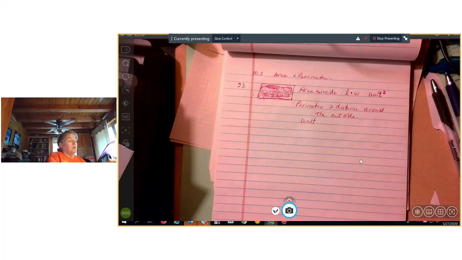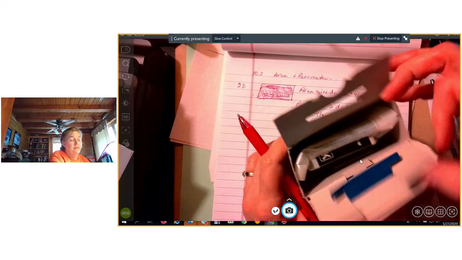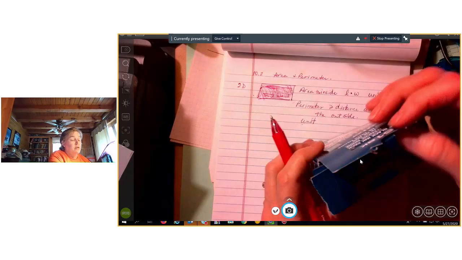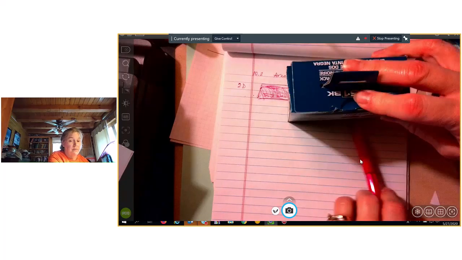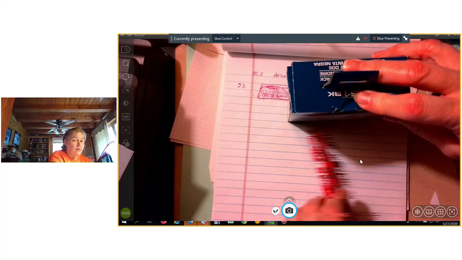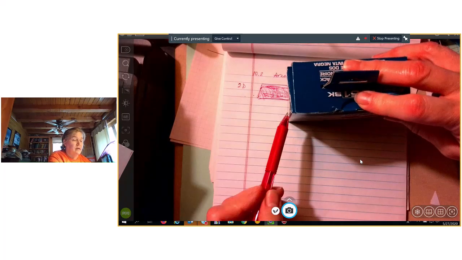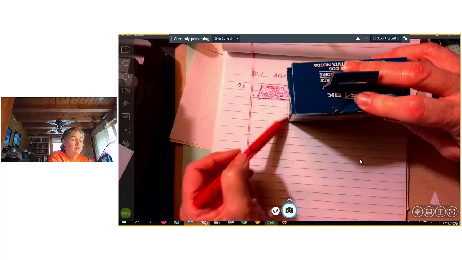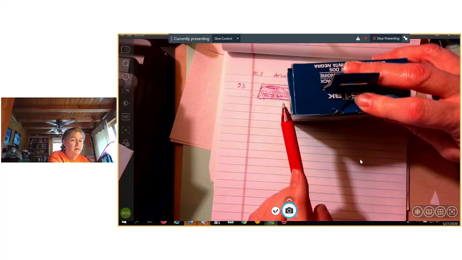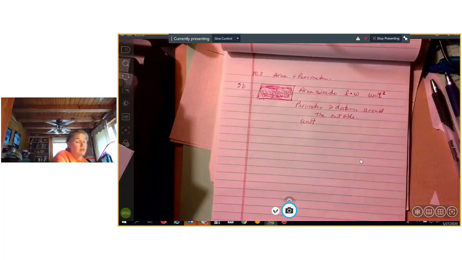And then if we were talking about the volume, I want to know what's inside of this, then I need to do a length, which is here, a width, which is here, and then I need to do the height. So I'm multiplying my length times my width times the height of this box. So I'm multiplying 3 units together.